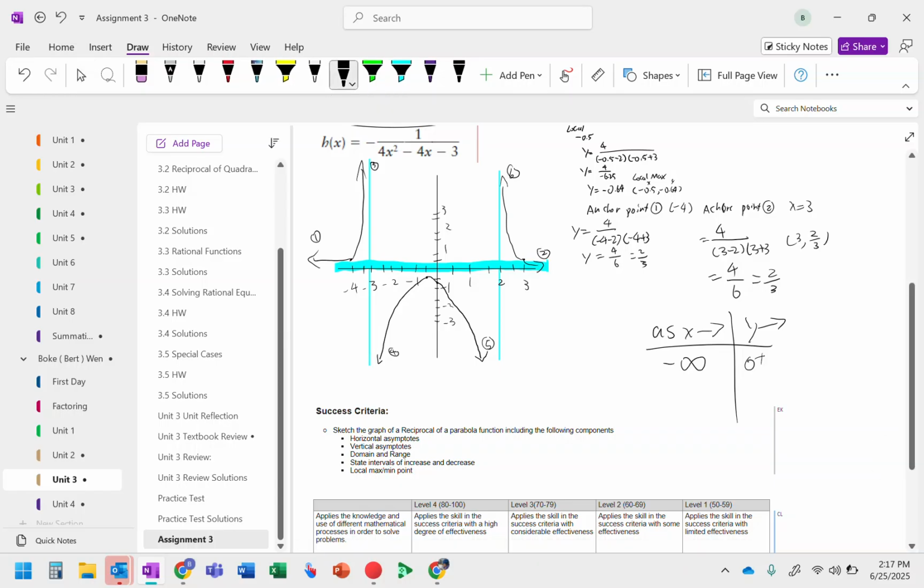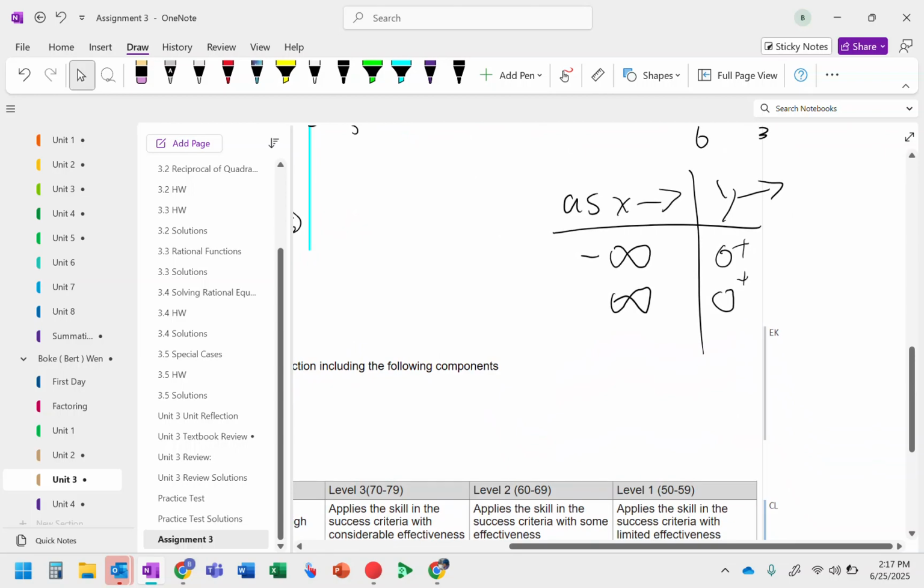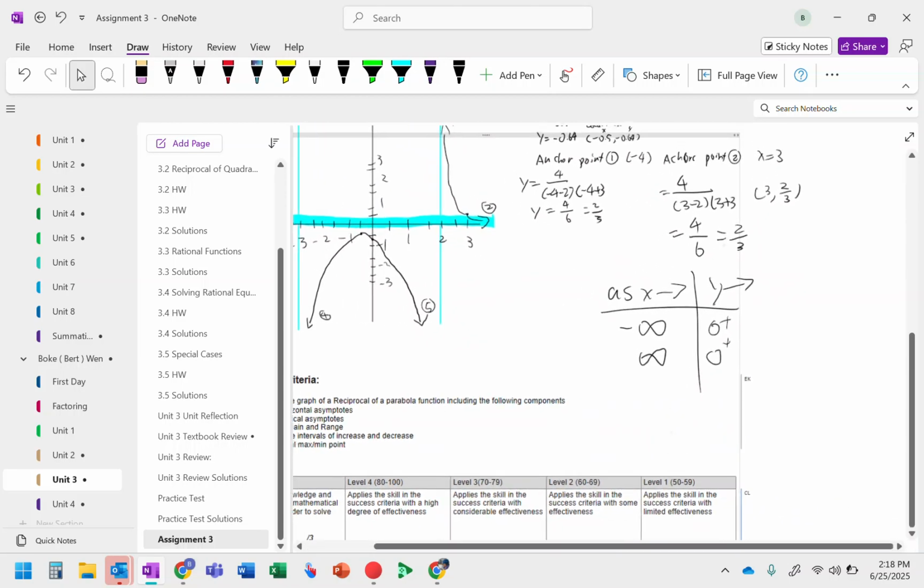Because that is a horizontal asymptote. And next, number 2, x is going to +infinity, and y is also going to 0, horizontal asymptote, and both of these are coming from the positive side, so both of them will have a plus. And next, we're going to look at arrow number 3.